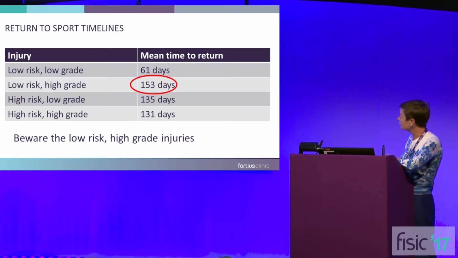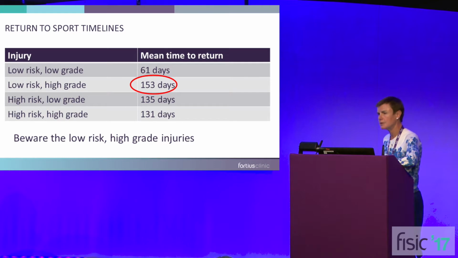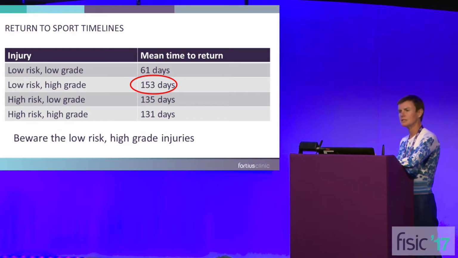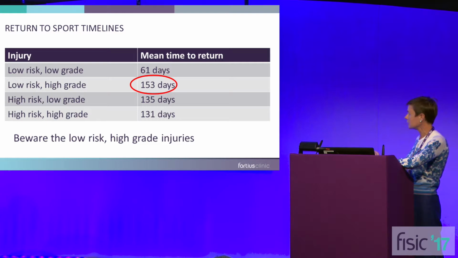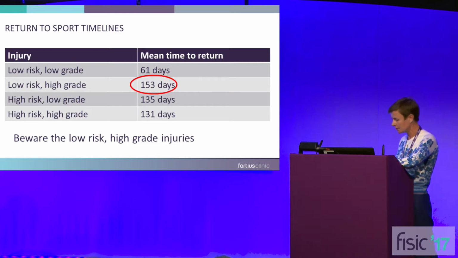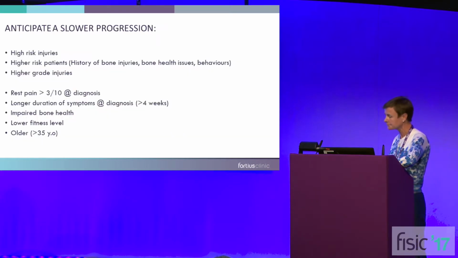If you look at this one, the perceived low risk site of injury but a high grade, that's the longest. To some extent, we can be a bit complacent about what we see as a low risk injury. We might try to return the athlete to sport too quickly, and perhaps this is why the mean time to return can be quite significantly delayed.